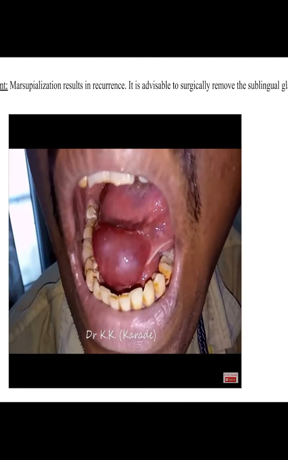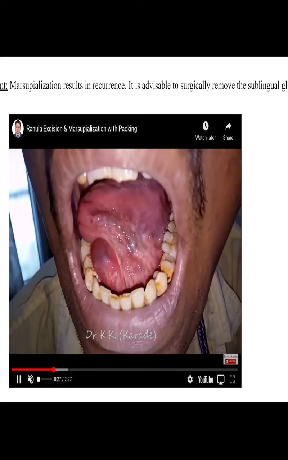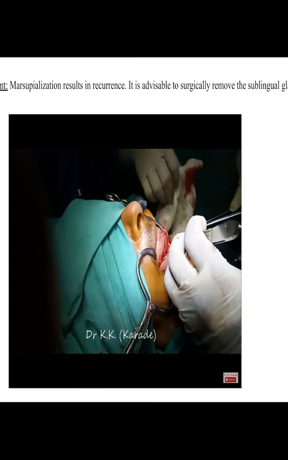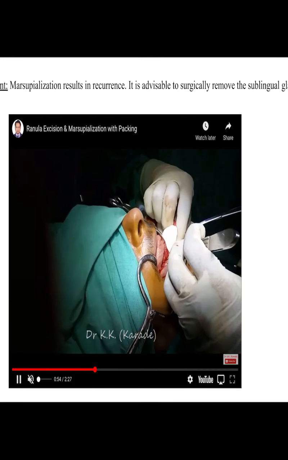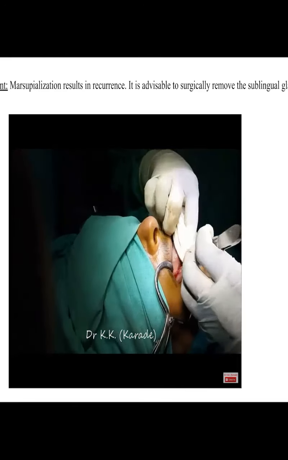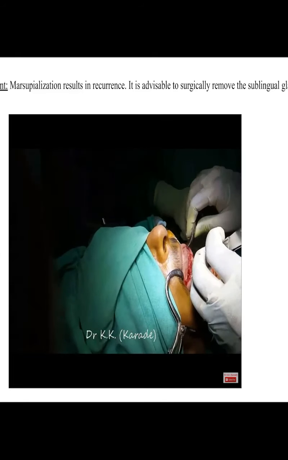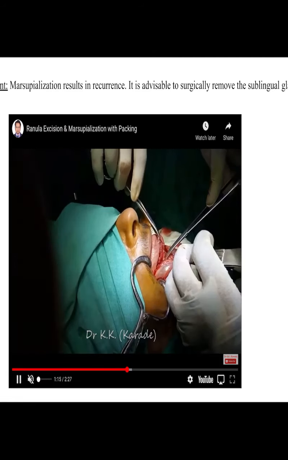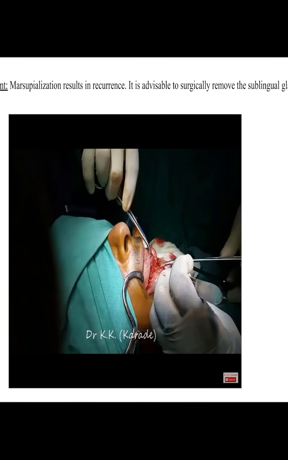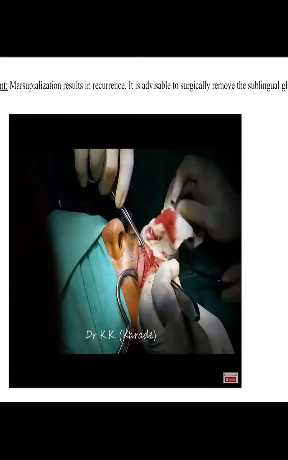In this case, we can see the patient with a massive ranula beneath the tongue. During the surgery, the ranula is removed using surgical manipulation, reflecting the underlying mucosa, taking caution not to traumatize the vital structures, especially in the floor of the mouth.